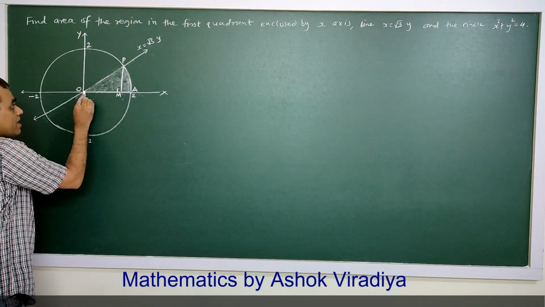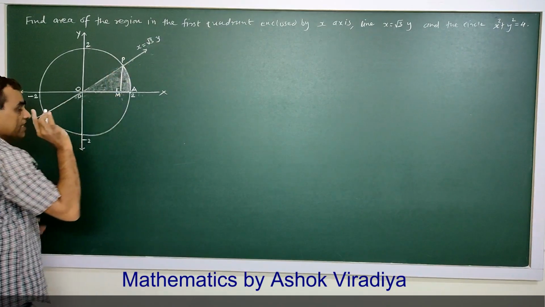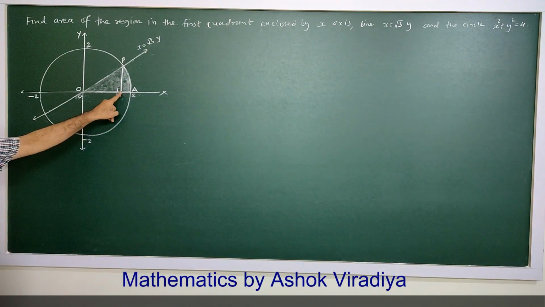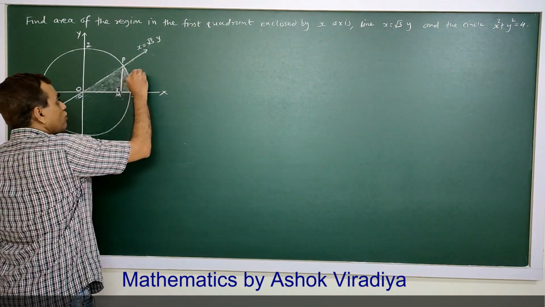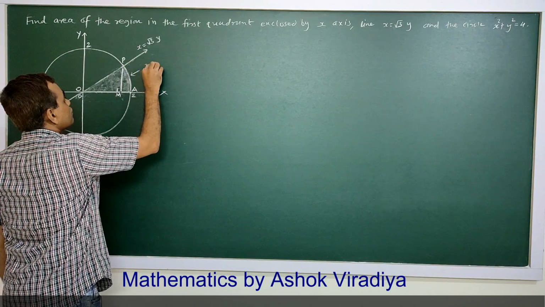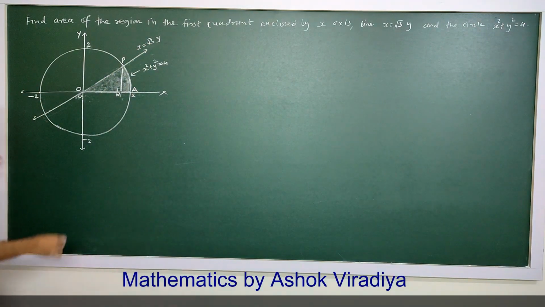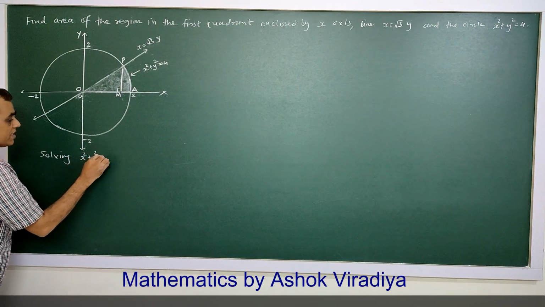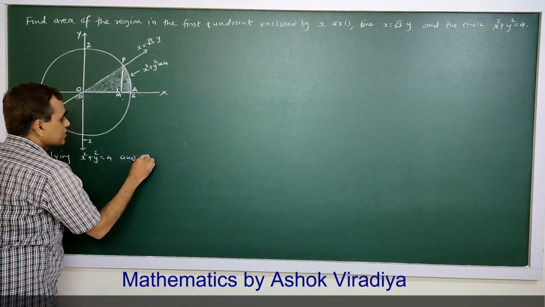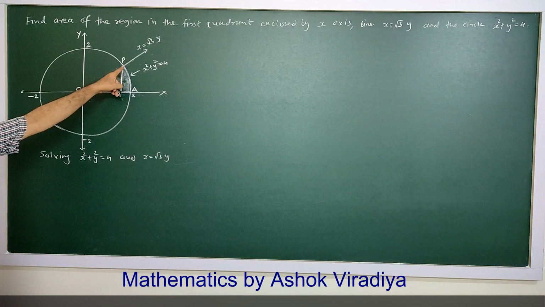This region is bounded by the x-axis, x equal to 0, x equal to, now see, here we need the x coordinate of this point. So to find the x coordinate of this point, we solve the equation of the circle x square plus y square equal to 4 and the equation of this line x equal to root 3y.